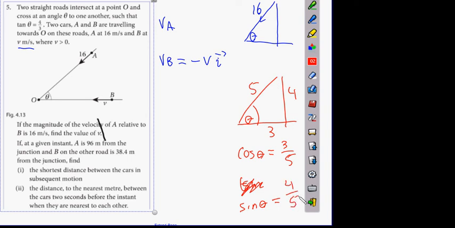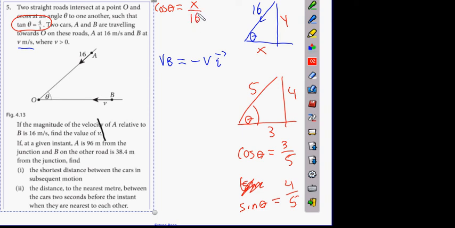Now, using this logic here, is everyone happy with that? I'm just using a triangle for this one. I'm just figuring out all the sides of a right angle triangle that has theta as an angle. Okay? Now, what I've got to do next is figure out what x is and what y is. Now, x: cos theta equals adjacent over hypotenuse, which is x over 16.